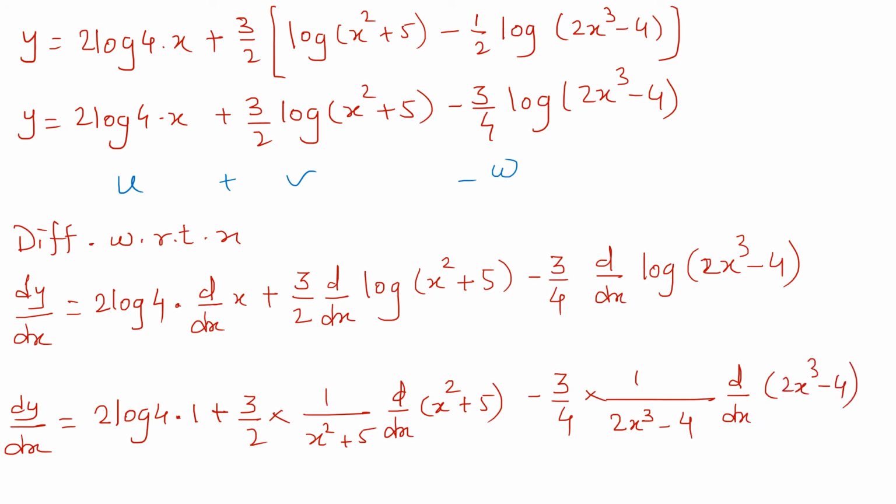Now, in the next step, we have to simplify this further. Observe the next step carefully. Left hand side is dy by dx only. First term, whatever we obtain, we will keep as it is, 2 log 4, plus 3 by 2 into x square plus 5 into derivative of x square plus 5.